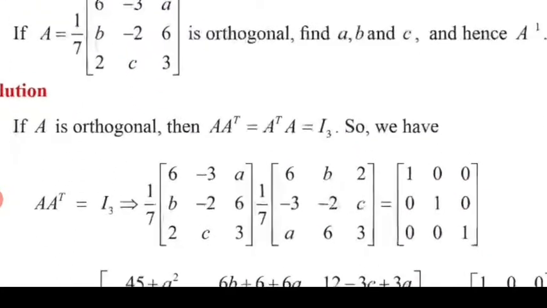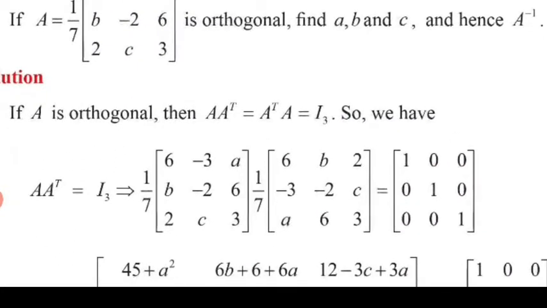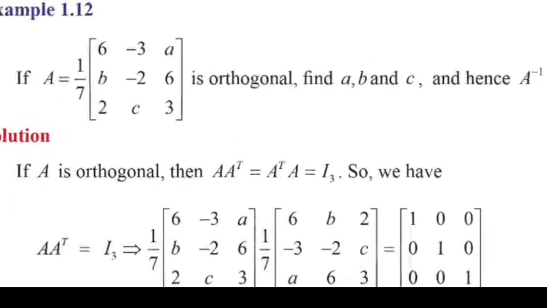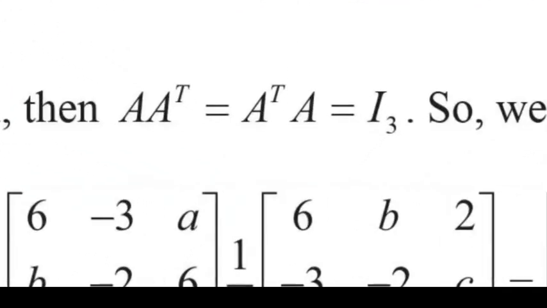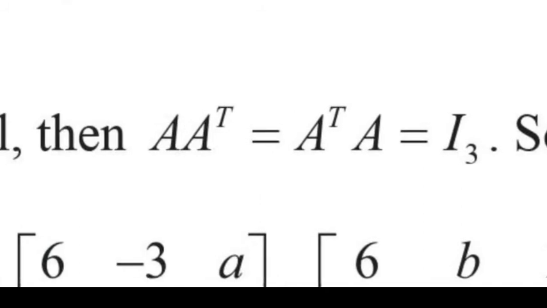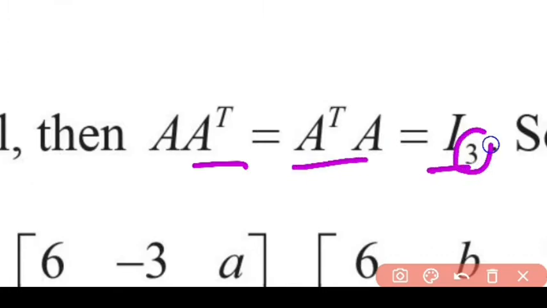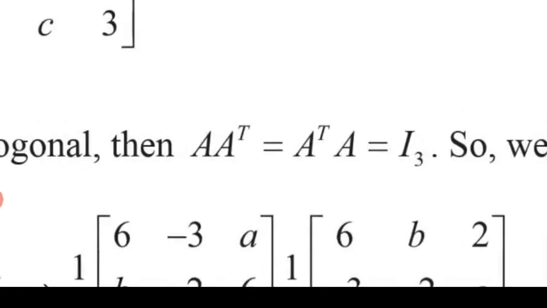In the question, they have given that A is orthogonal. We know that if it is orthogonal, it satisfies A into A transpose and A transpose into A equal to the unit matrix. Here the given matrix is of order 3, therefore we take I3.